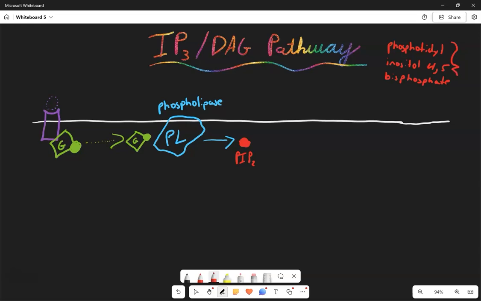All of that is essentially PIP2. And what's going to happen is that lipase is going to split it into two different molecules.